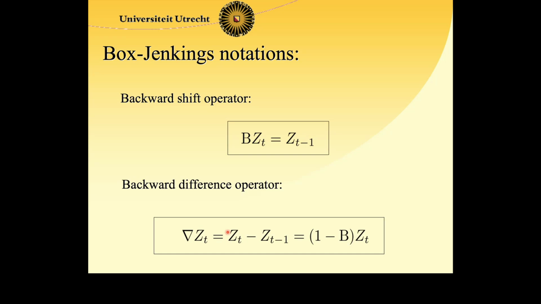Well, sometimes if you have a linear trend, for instance, in your time series, you can do the time series analysis on the difference operator of Z. So instead of analyzing Z with a time series model, we're analyzing nabla Z. If you have a linear trend and a fixed time step, you subtract Zt minus Zt-1, and you effectively remove this linear trend from the time series. So that's one way of making a time series stationary.